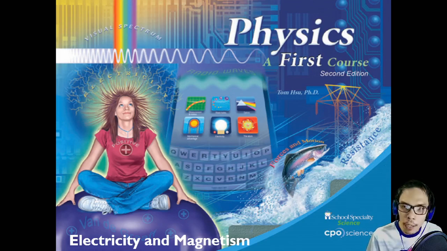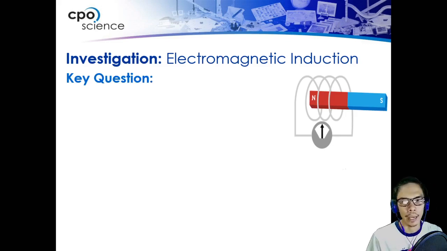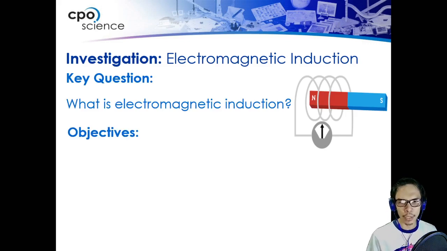So let's jump to our topic here. Today we are going to have electromagnetic induction. Basically, we will try to find out what this process is all about. The key question that we have, as I said earlier, is: what is electromagnetic induction?